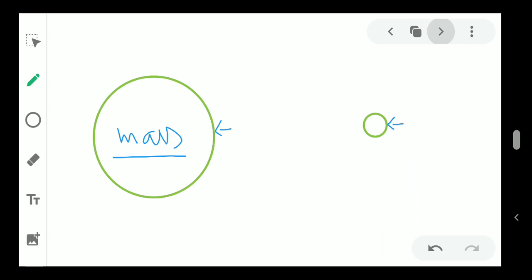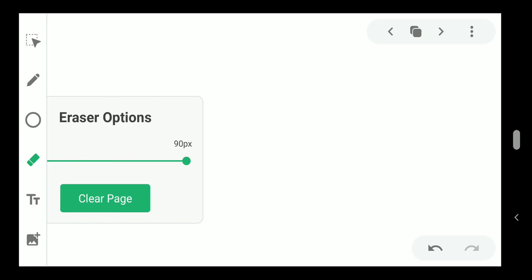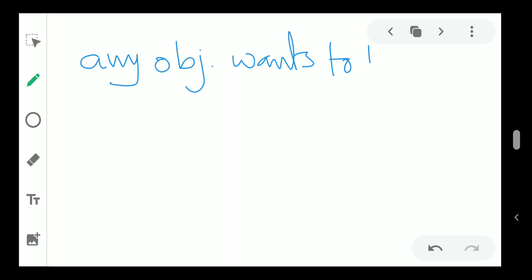Now if we come to Newton's first law, which says that any object wants to be in its present state.